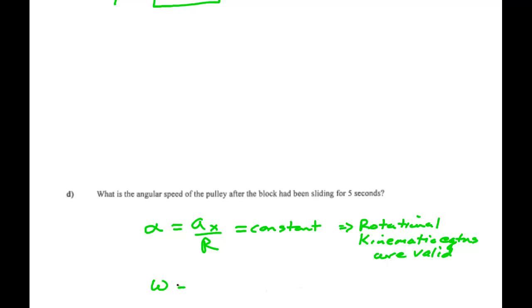So omega is equal to omega naught plus alpha t. So I replaced v with omega, v naught with omega naught, and acceleration with angular acceleration. It starts from rest, so the pulley wasn't initially rotating.